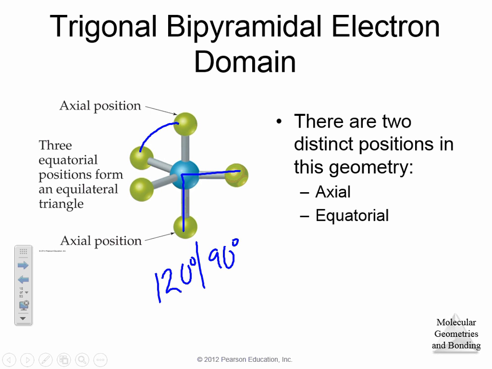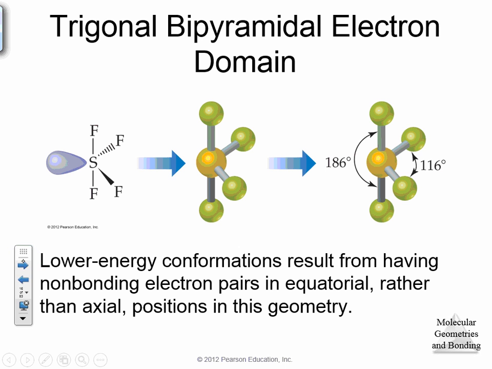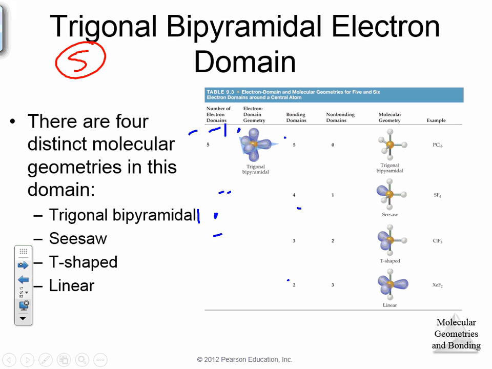So you can see how this works with 5 domains. And we already said with 5 domains, the bond angle is 120 and 90.